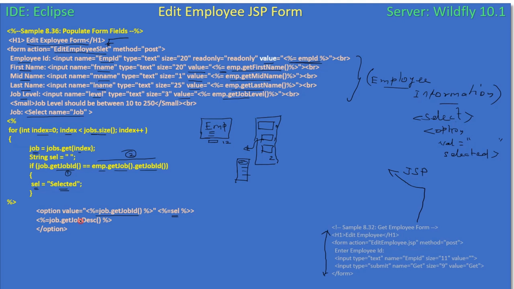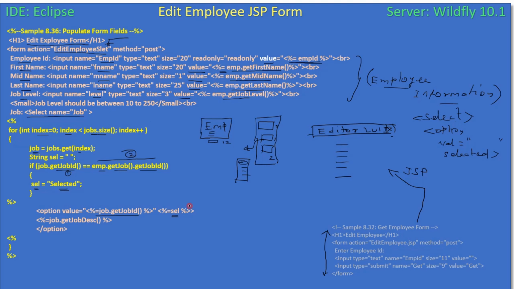So value is job ID, what the user will see is the job description, and when there is a match we set the attribute as selected. This will help in picking the current job. Say for example, if the employee is playing the editor LVL1, that will get selected by default, and when the user clicks, all other jobs are displayed.